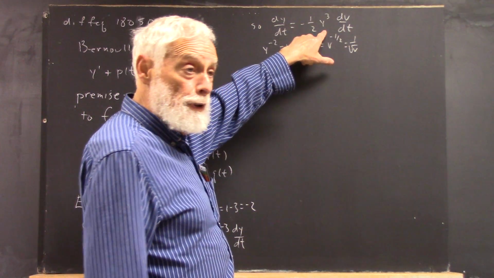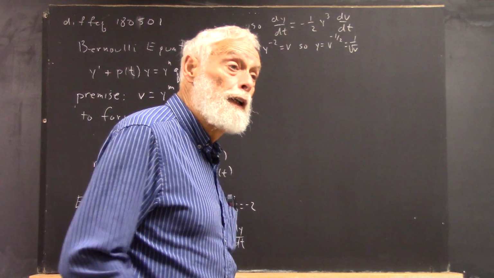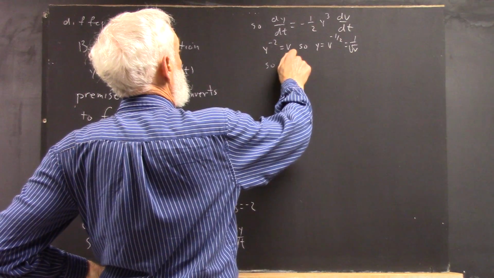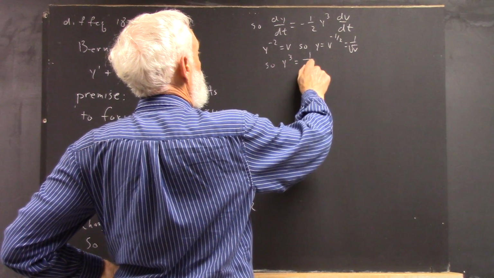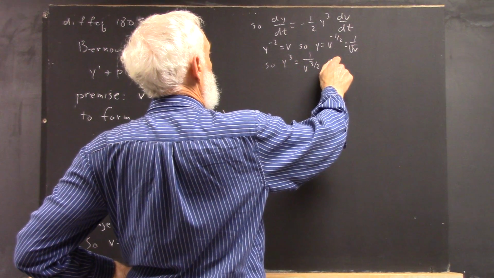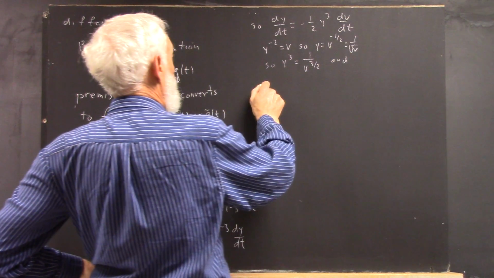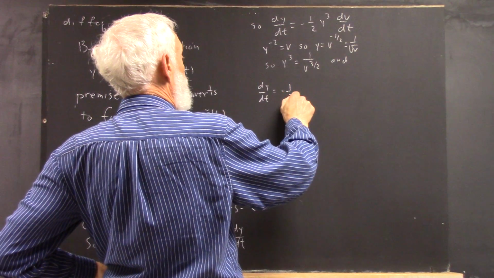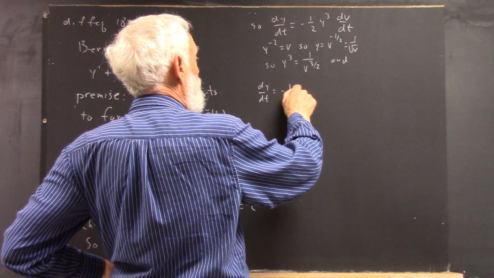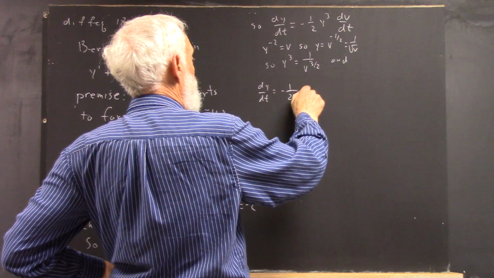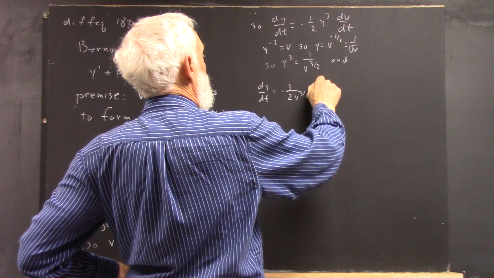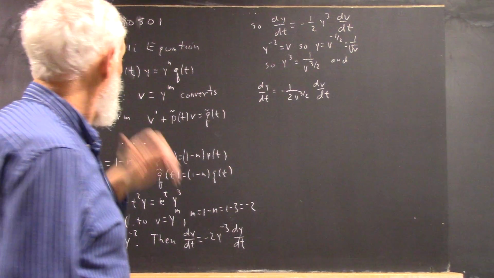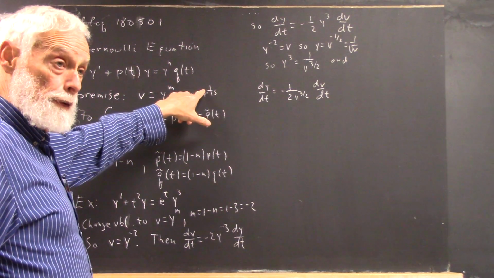So that y cubed is reciprocal v to the 3/2. And then it follows that dy dt is negative 1 over 2v to the 3/2 dv dt. So now we can begin translating this equation.